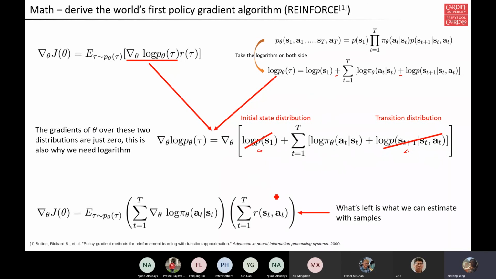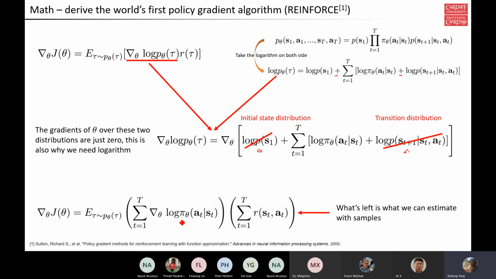Okay, now this is our final equation. The gradient of our objective will equal the expectation over p theta tau of a sum over the log probability of the policy distribution times the reward return.